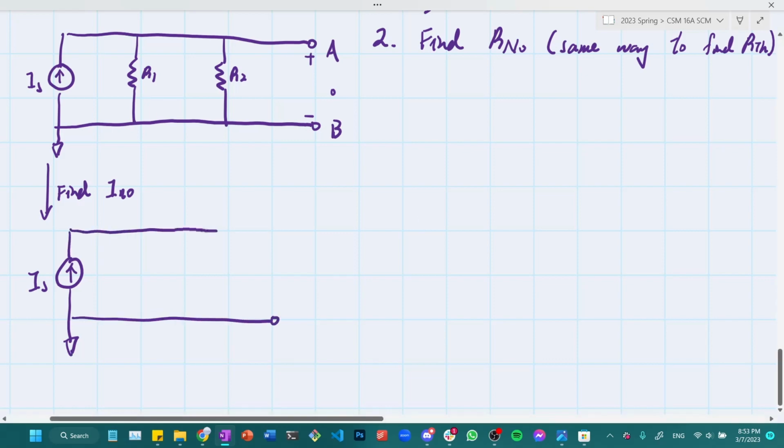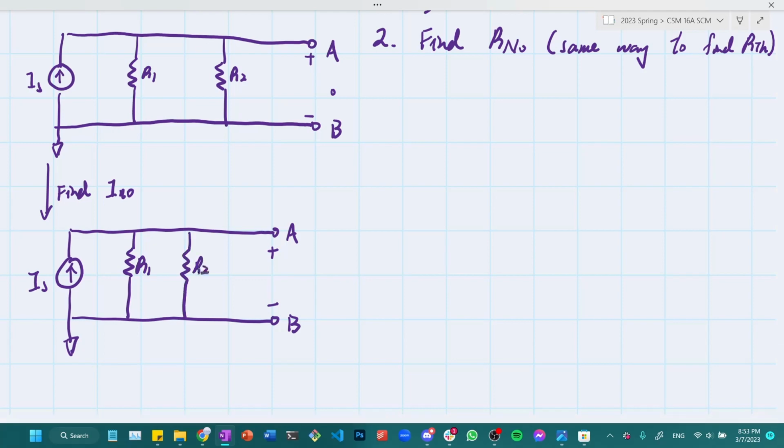I will end up with a circuit that looks something like this. Well, so there's still R1 and R2. But now I have a short circuit between A and B, which I'm going to put right before the terminal.